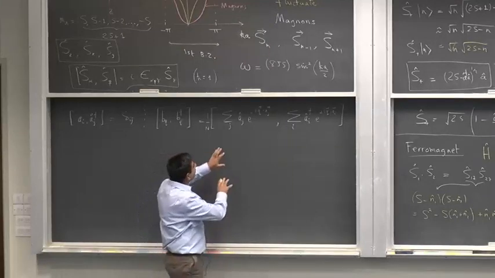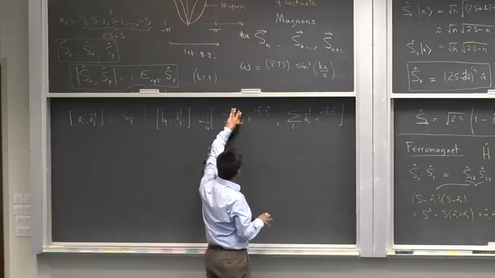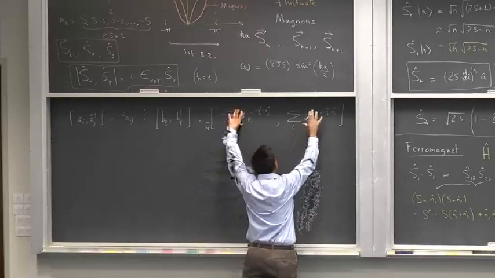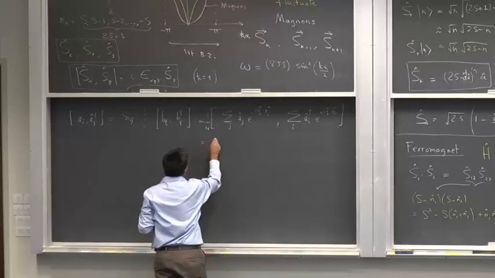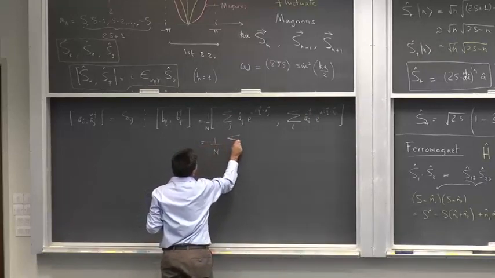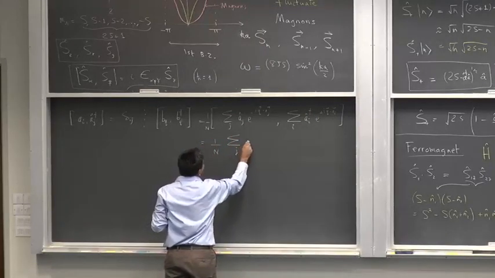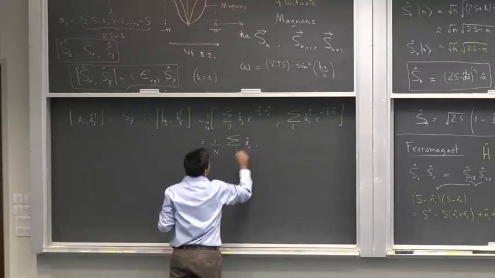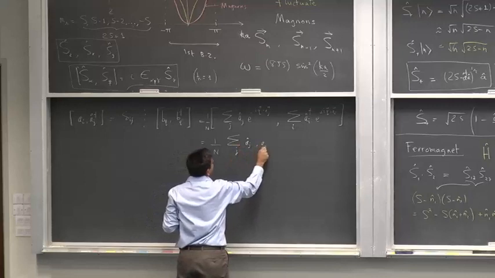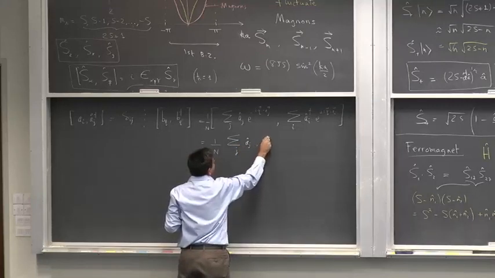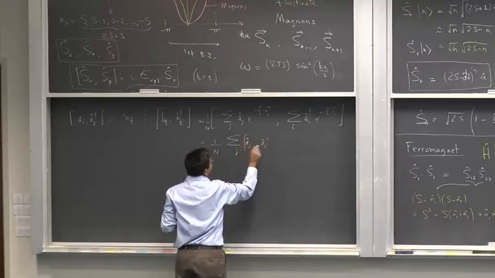So when these indices are the same, I'm just sampling one value here and the same value of j from here. Which means that I really have 1 over N, the sum over j of the commutator of a_j and a_j dagger.